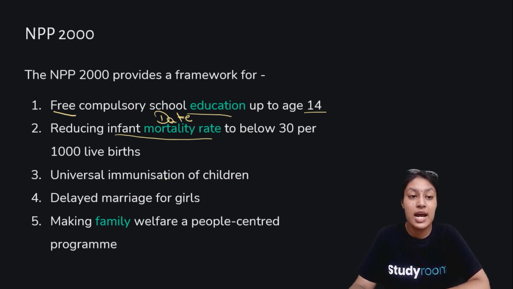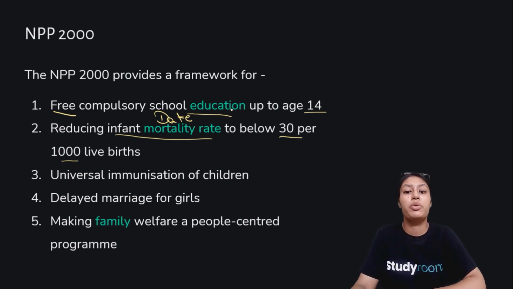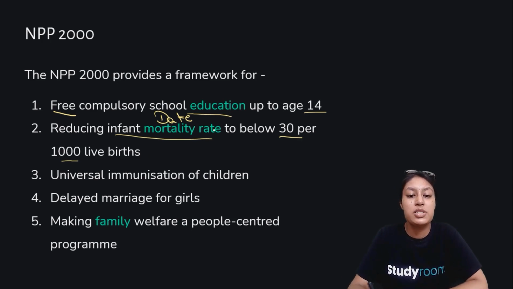So in the national population policy, our government focuses on reducing the infant mortality rate to 30 per 1,000 live births. Okay, so if there are 1,000 live births, there would be 30 children who unfortunately come under mortality rate, means they are no longer in the country.